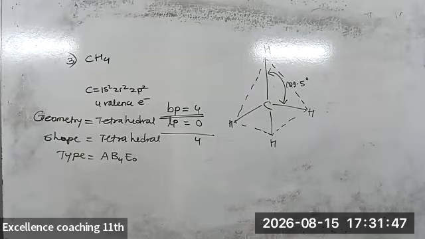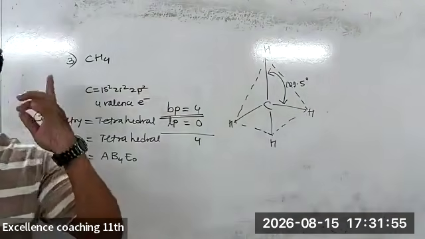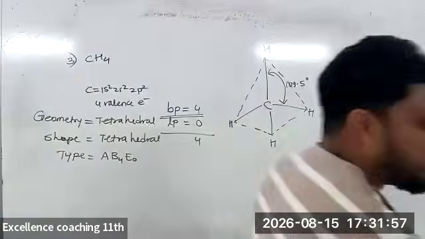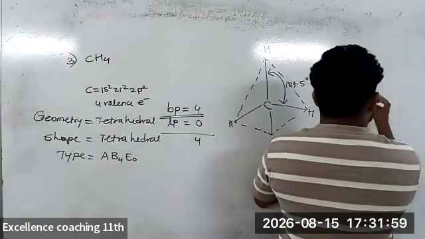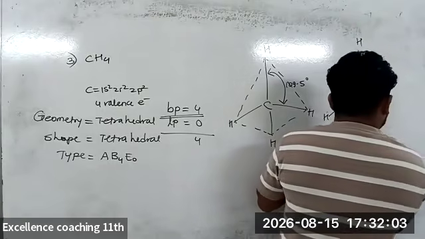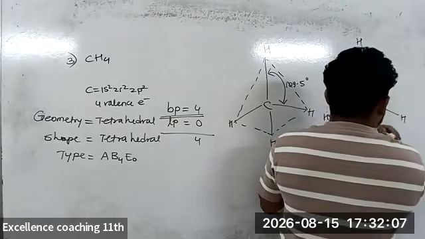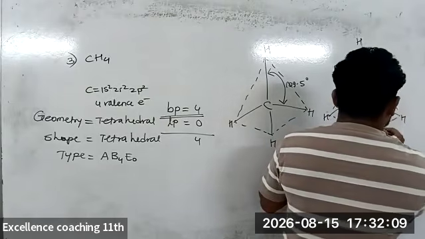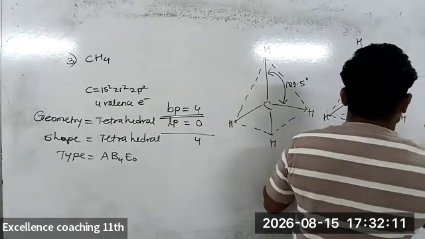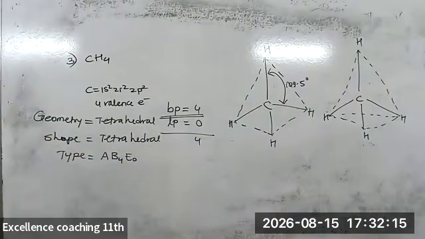See, imagine this one. It's wrong. Imagine this and draw. Draw the geometry correctly, students. Carbon, hydrogen, hydrogen, hydrogen, hydrogen. It should look like a tetrahedral. Please draw it correctly.